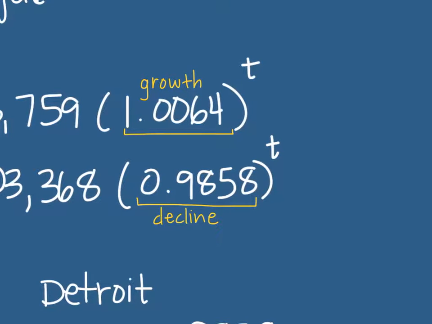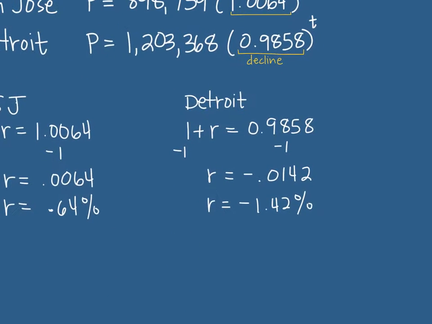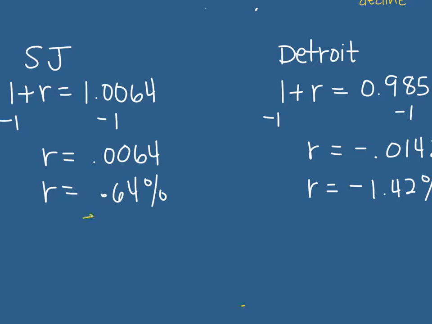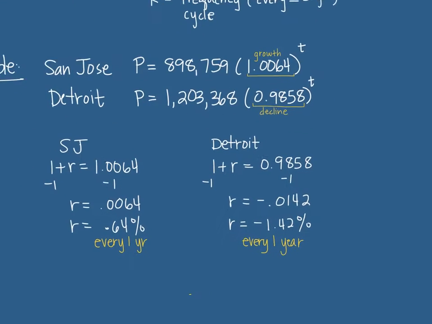Okay, what's K, the K value? If there's no K there, then we understand that K is 1. And so the frequency cycle is every 1 year. This is happening every year. All right, so that's the frequency cycle, that this is happening every 1 year. And this is happening every 1 year.